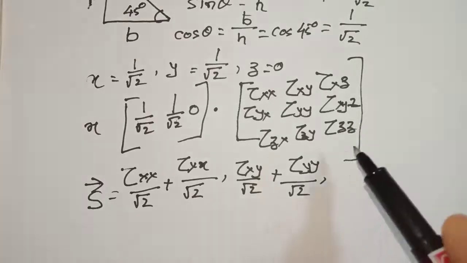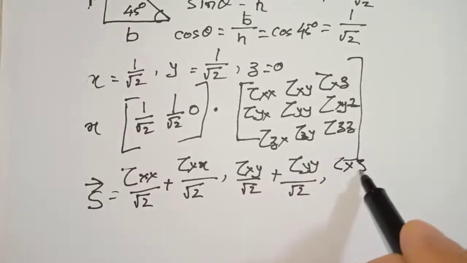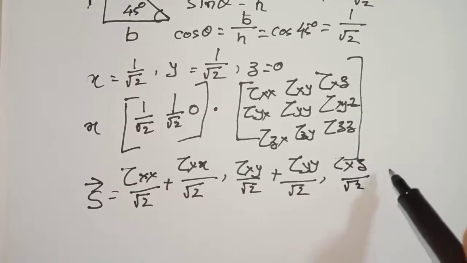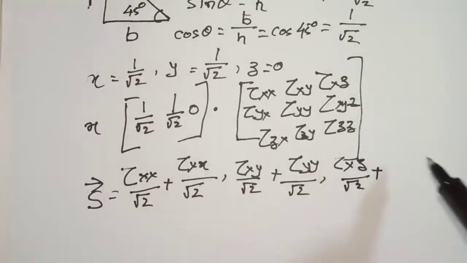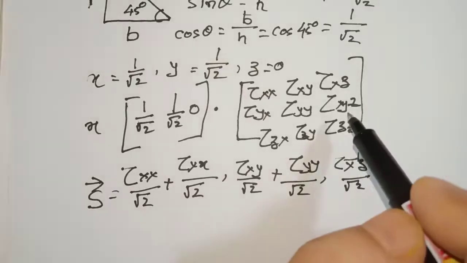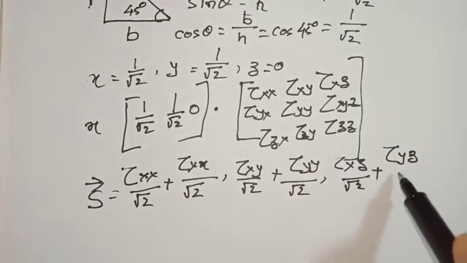We'll get tau xz followed by root 2, plus this one, tau yz. This is tau yz. So we get tau yz by root 2.